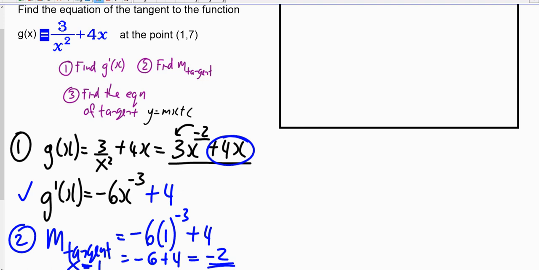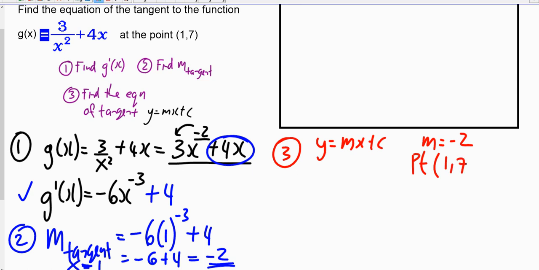And now for the third step. The third step, I'm going to use y equals mx plus c. We know our gradient is minus 2 from previous step 2. And we know the point that we're looking at is in fact 1, 7. Right, so let's substitute into my gradient y-intercept formula. We have 7 equals minus 2 times 1 plus c.